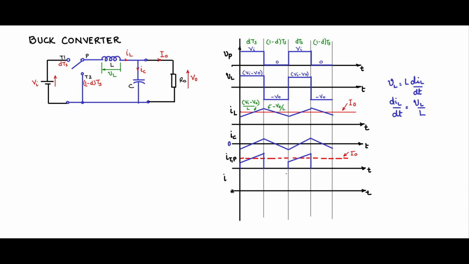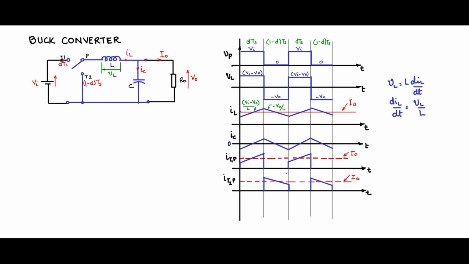T2P, if you see, is mutually exclusive with T1P. You will see that the current flows during the other portion, 1 minus D portion. So this portion of the inductor current flows through T2P, that is here. So the inductor freewheels in this fashion.